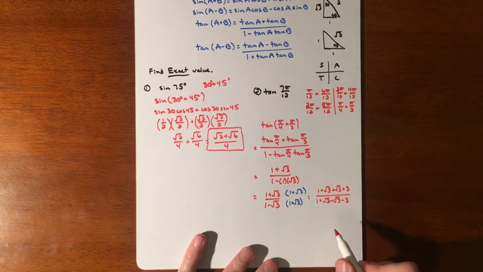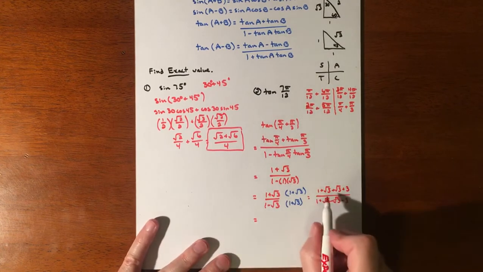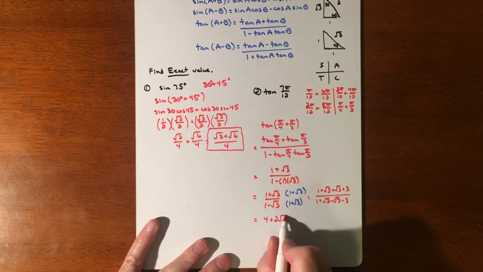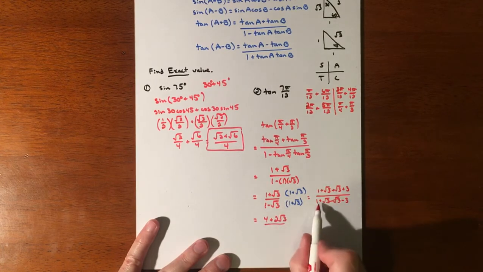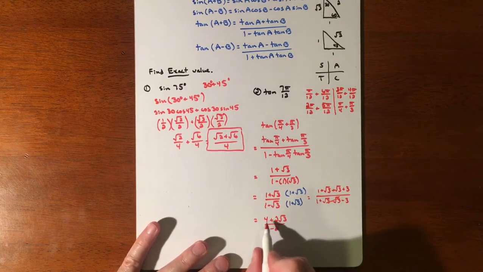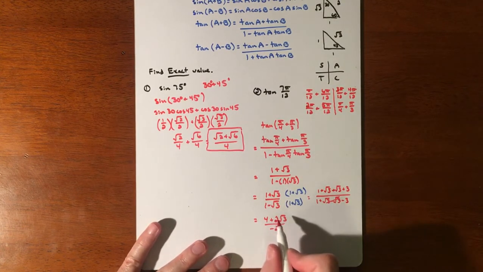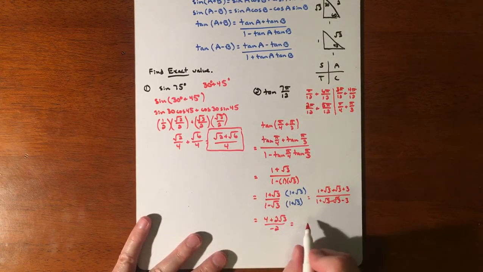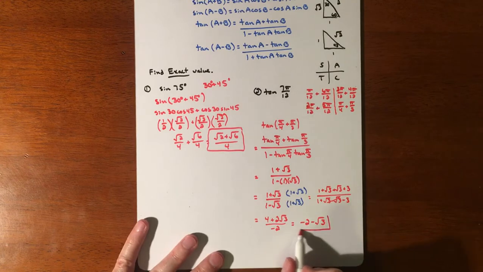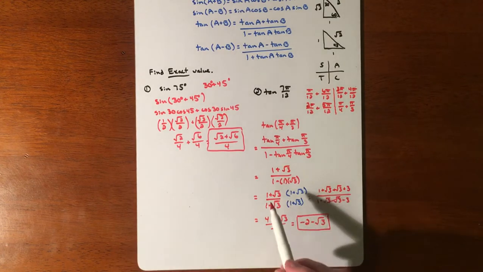So we are sitting with 4 plus 2 root 3 on the top, and on the bottom 1 minus 3 is a negative 2. So all of these are divisible and we'll apply the negative to everything. So our final answer is going to be negative 2 minus root 3. And that is as simplified as we can get.